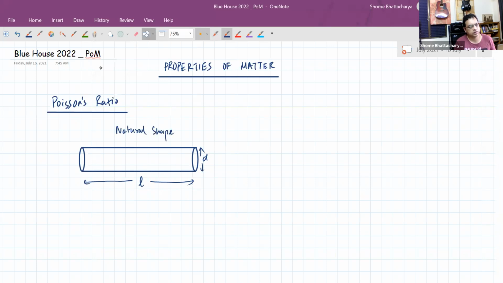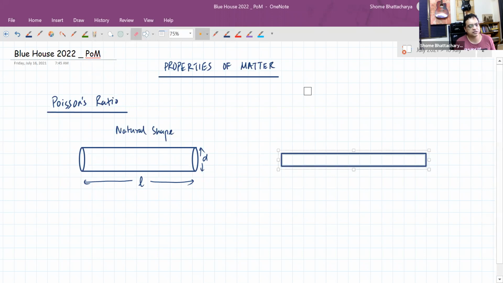Then on elongation of it, for example, typically if its length increases, then its diameter should decrease, and vice versa. So there is a relationship between the fractional change in diameter and the fractional change in length. And that one is called the Poisson's ratio.